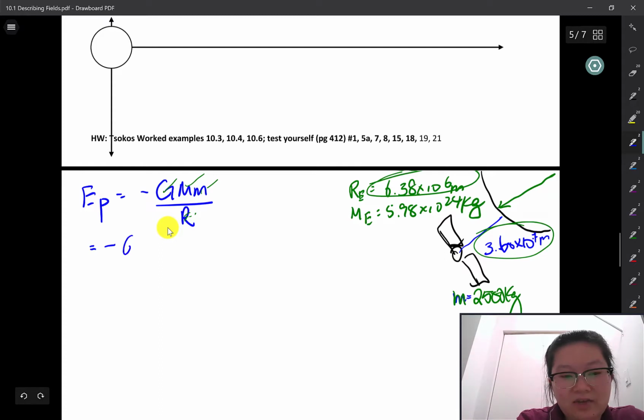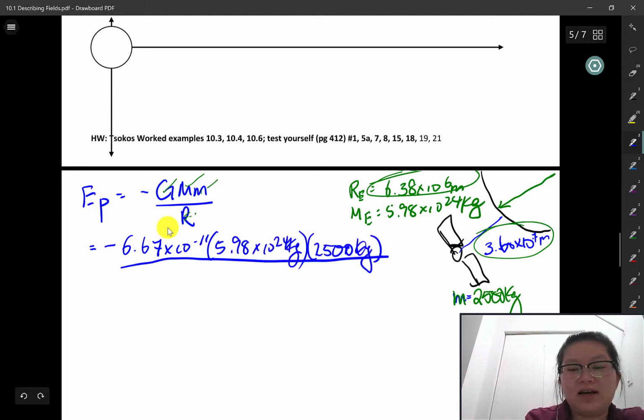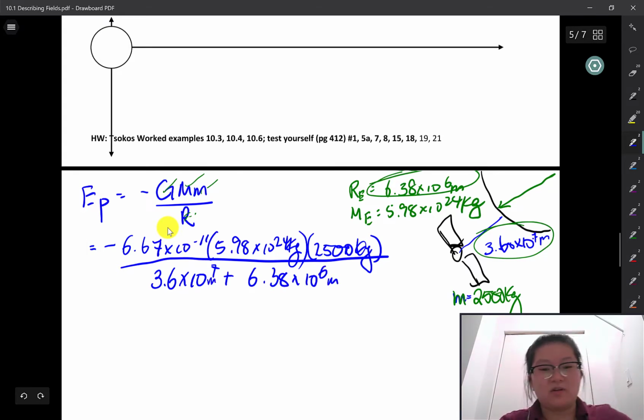That's going to give us negative 6.67 times 10 to the power negative 11, times the mass of the Earth, times the mass of the satellite, and last but not least, the distance, which I'm going to have to get by adding up the altitude and the distance to the center of the Earth. Whether or not I get the right answer will tell me whether I've memorized some of these numbers correctly.